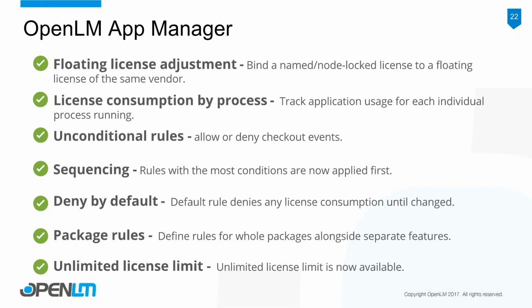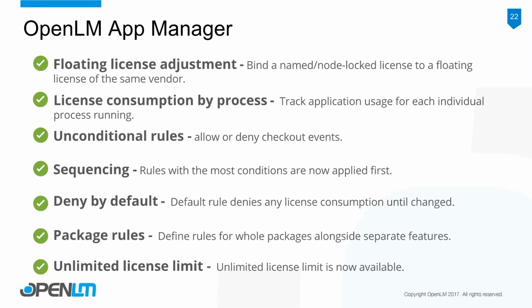You can set the license consumption. For example, one of our enhancements is that you can set the license consumption to be by process. You can set it to be by workstation. We've also added floating license adjustment, meaning that you can separate between node locked and named licenses and floating licenses.